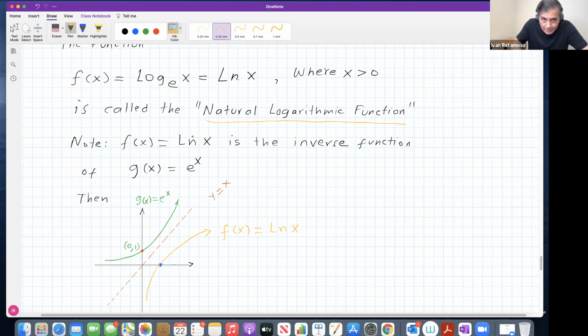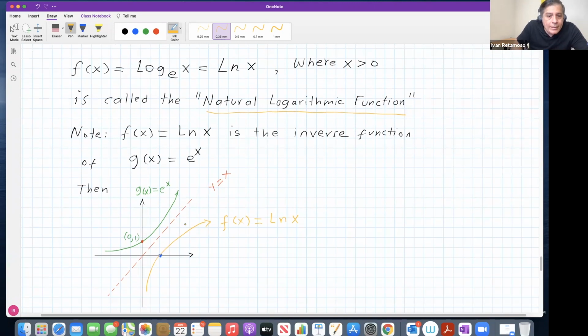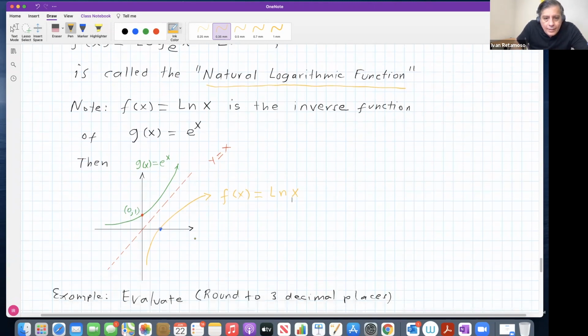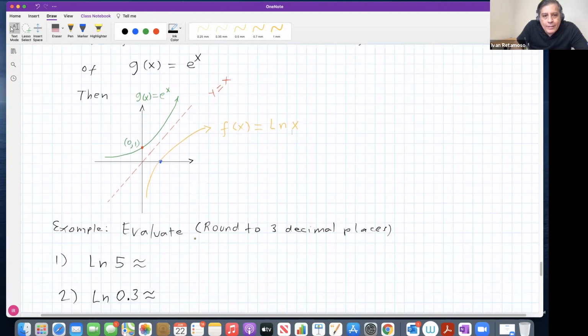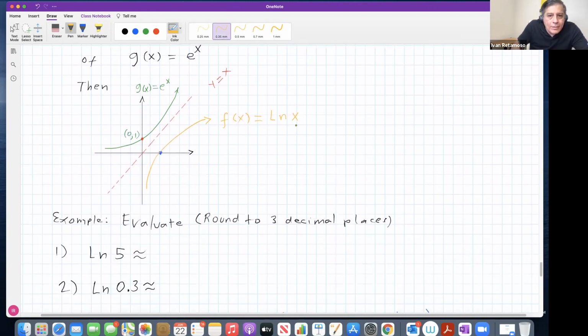By agreement, when the base is e, mathematicians don't write the base, they drop it. They just write ln of x, natural log of x, instead of log base e of x. That's it. So you can understand this natural log function as the inverse function of g of x equal e to the x.